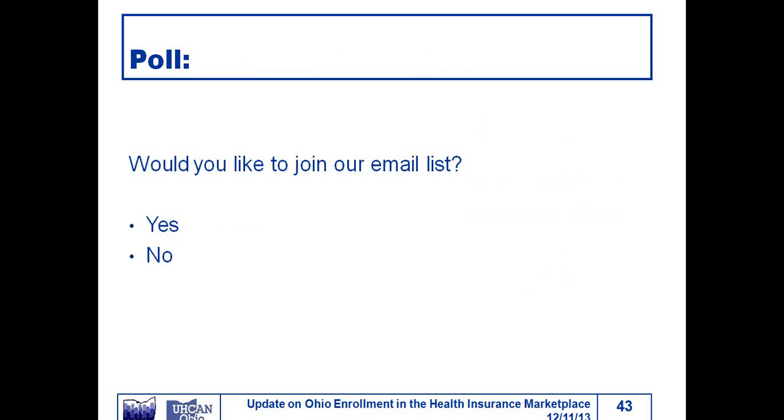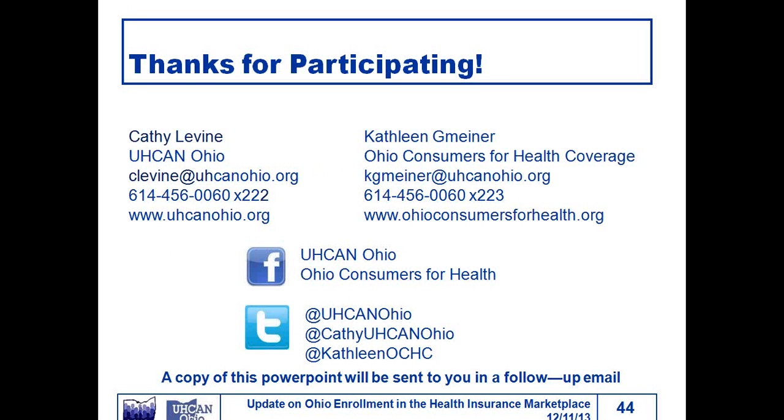But you can't just become a certified application counselor on your own. You have to do it under the certification of an organization. So there may be other organizations out there that are looking for volunteers to be certified application counselors.